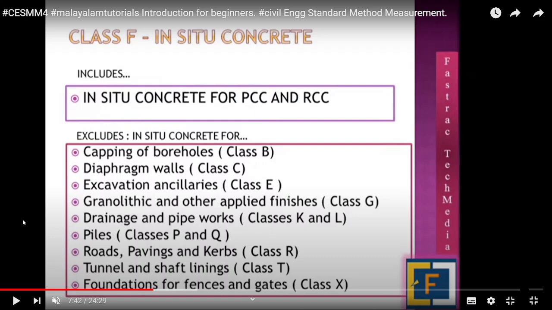So you can see generally it includes PCC and RCC but excludes a lot of other things. While studying CESMM, we can understand that you may easily understand what is included, but it is difficult to understand what is excluded.